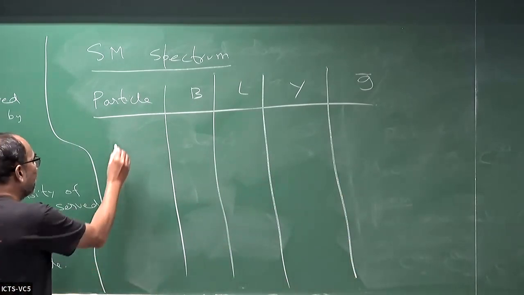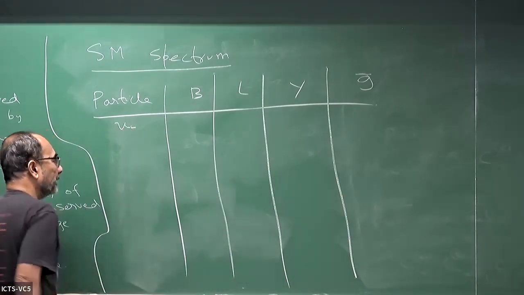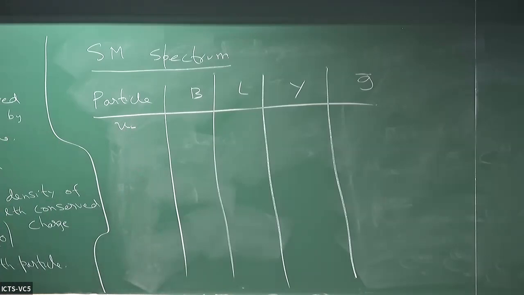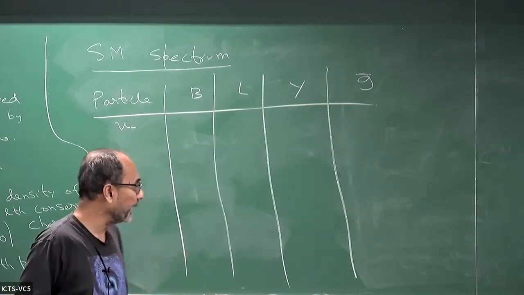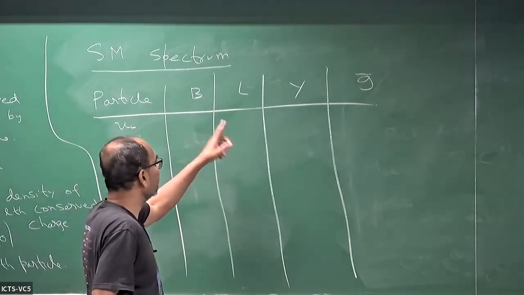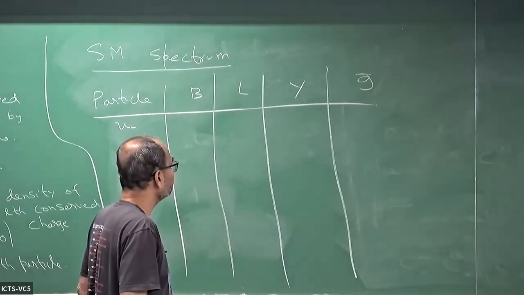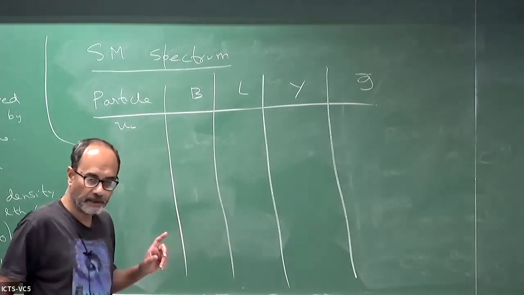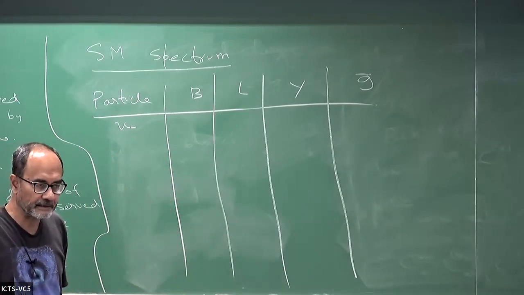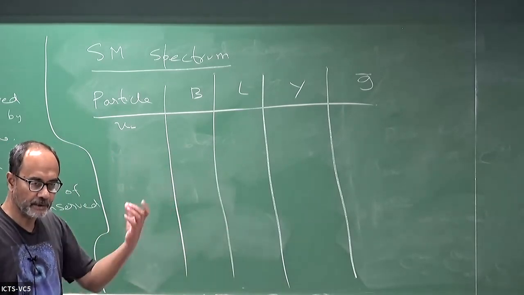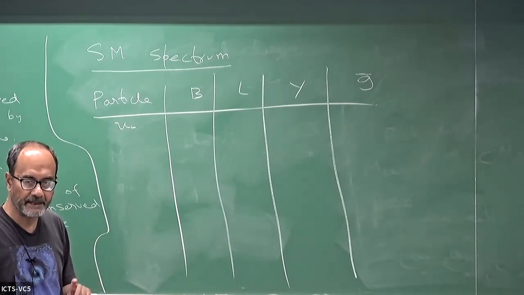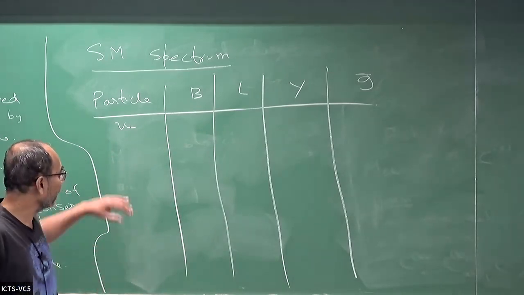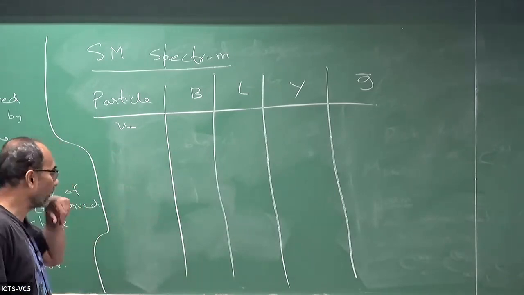Okay. So we start with, and we have to separately list the left and right-handed components. Because as I said, the left and right-handed components take different values of I3 and Y. I3 we are not interested in now because we are only looking at the 2 by 2 block. But Y can take different values for the left and right-handed components. So that's why I have to write separately UL and UR.